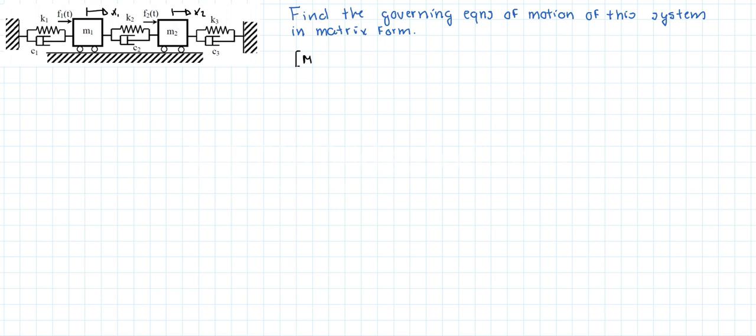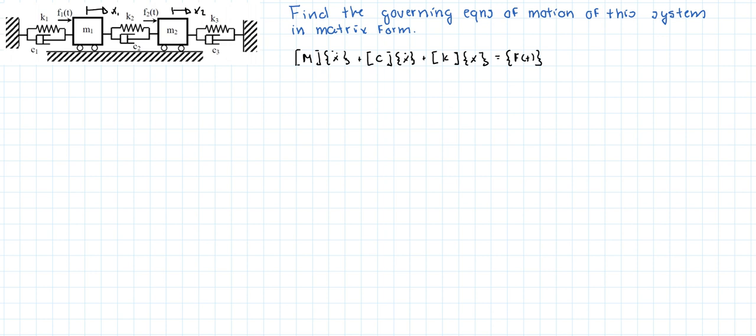You will have a mass matrix multiplied by an acceleration vector, plus a damping matrix multiplied by a velocity vector, plus some stiffness matrix times a displacement vector, which will be equal to some force vector. Okay, fair enough, pretty easy.